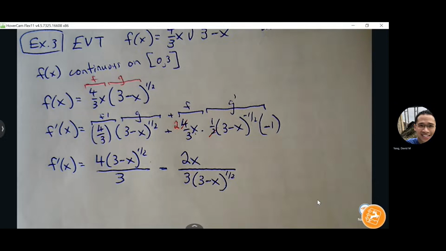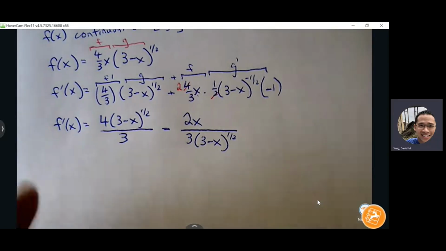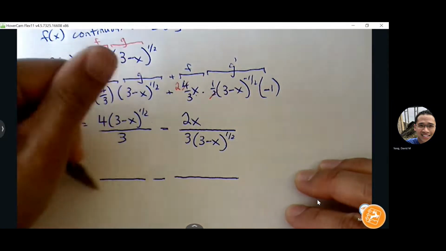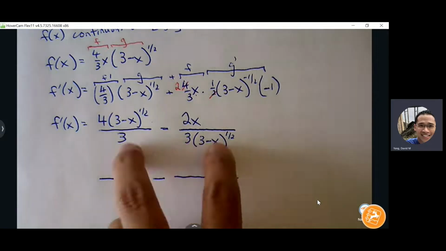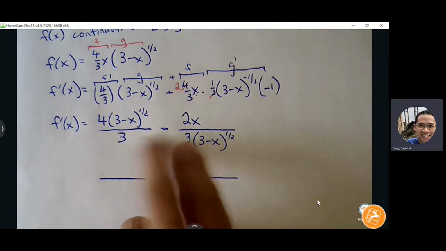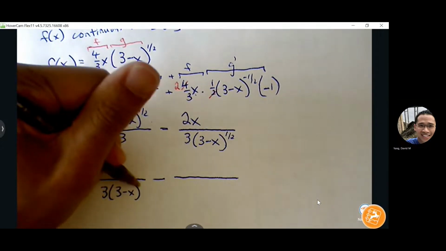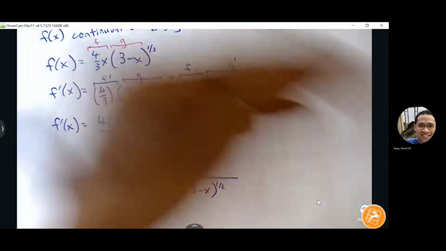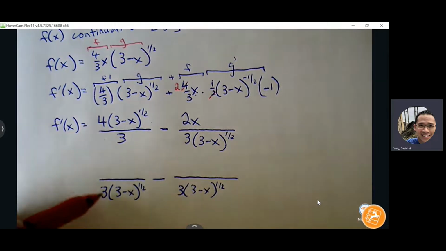Okay. So now, we do need common denominators. What's our common denominator here? Yep, that's right. I need both of them. This one contains a 3 as well, so that's perfect. Okay, look for differences between the old and new denominator.